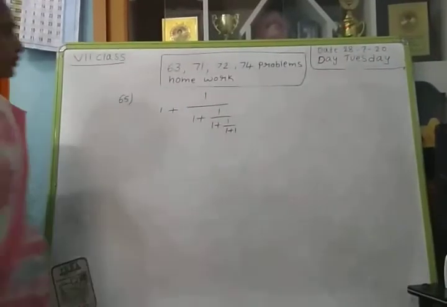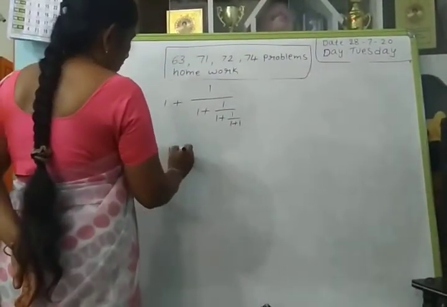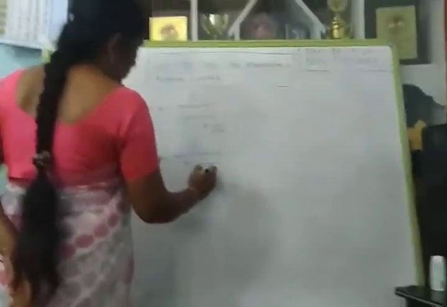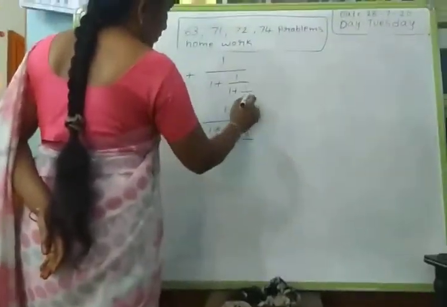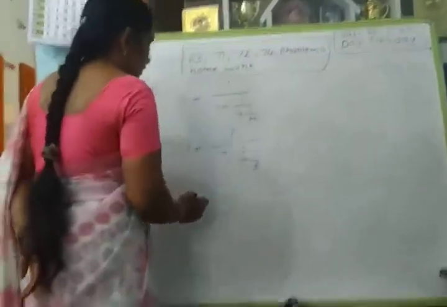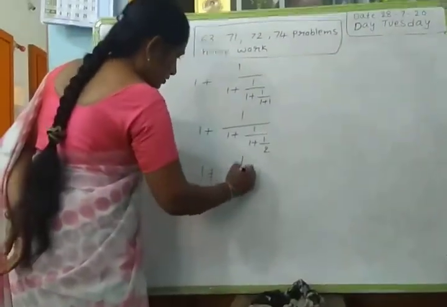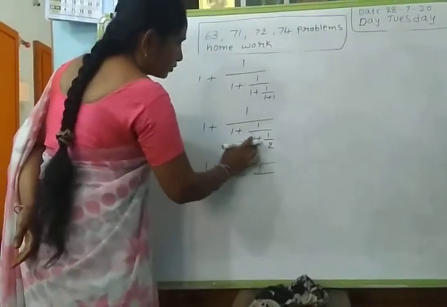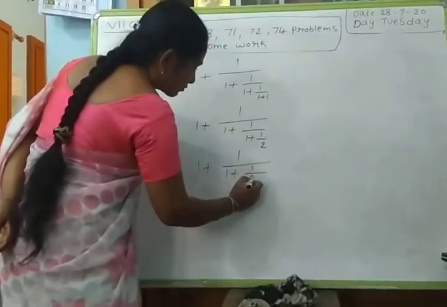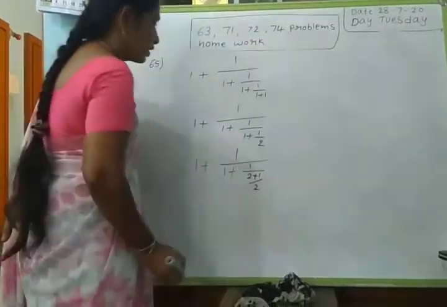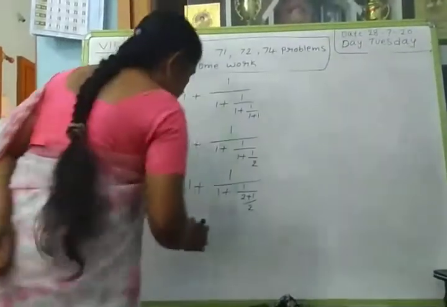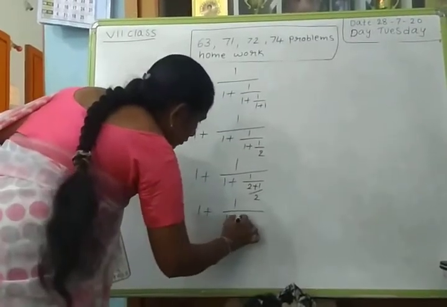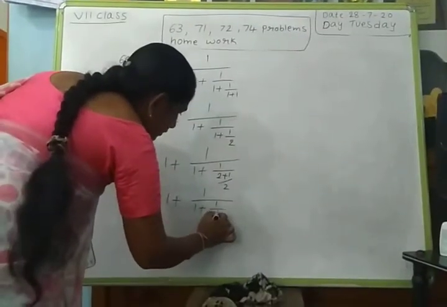So what you have to do here? 1 plus 1 by 1 plus 1 by 1 plus 1 by 1 plus 1, 2. Then what you will get? 1 plus 1 by 1 plus 1 by 2 ones are 2. 2 plus 1. 2 plus 1 how much you will get? 3 by 2. So next what you will get? 1 plus 1 by 1 plus 1 by 3 by 2.